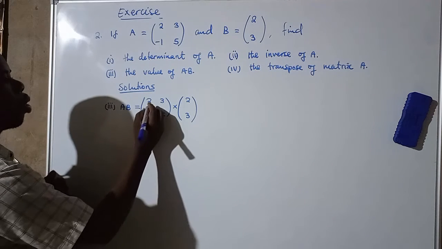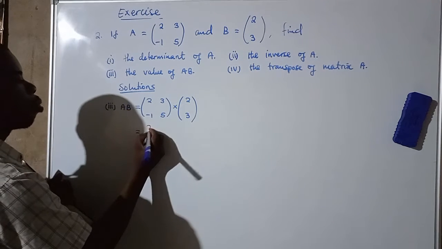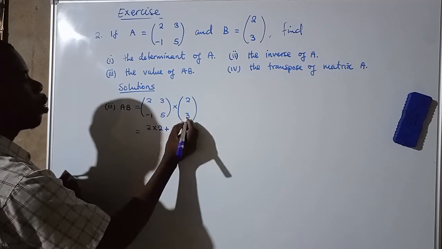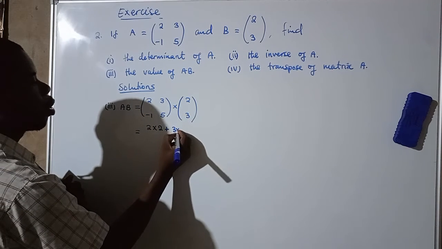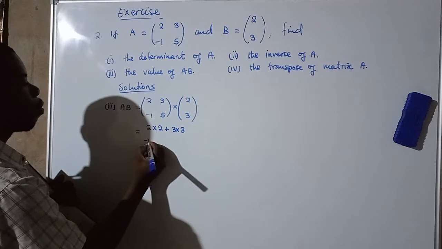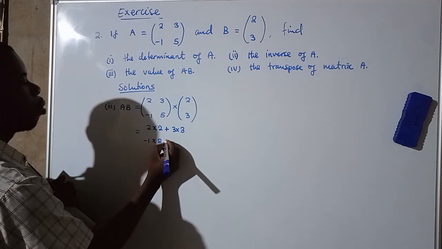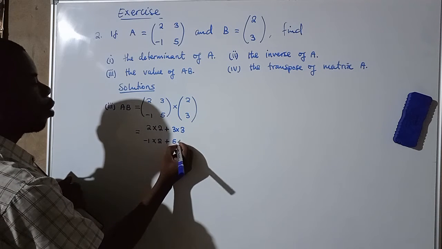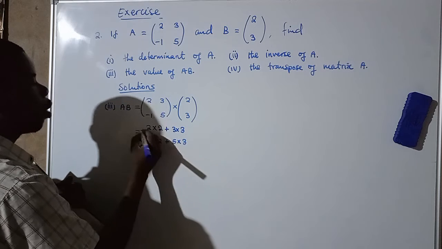So we can say 2 times 2 plus 3 times 3. Then negative 1 times 2 plus 5 times 3, like that.